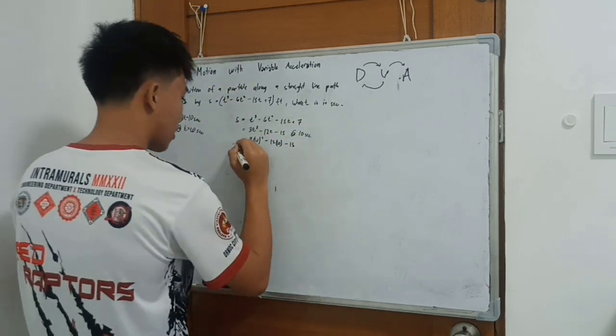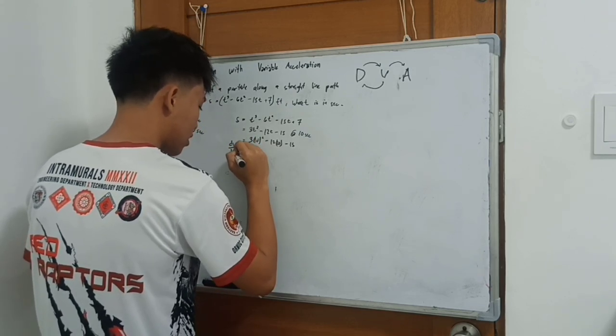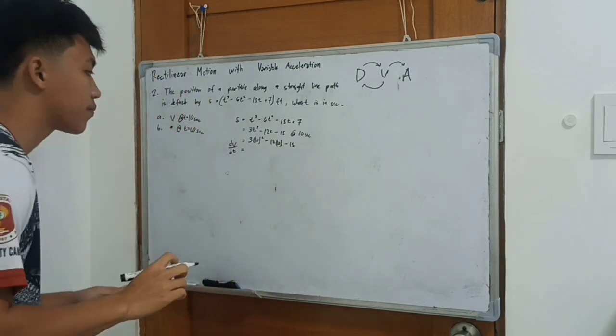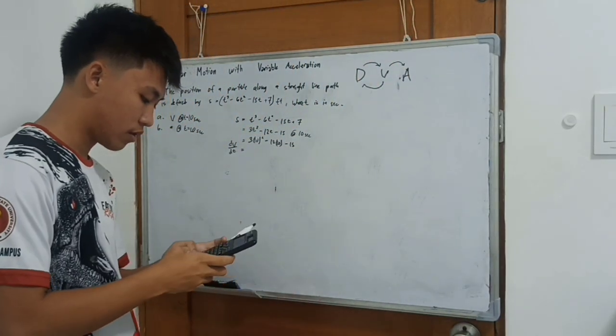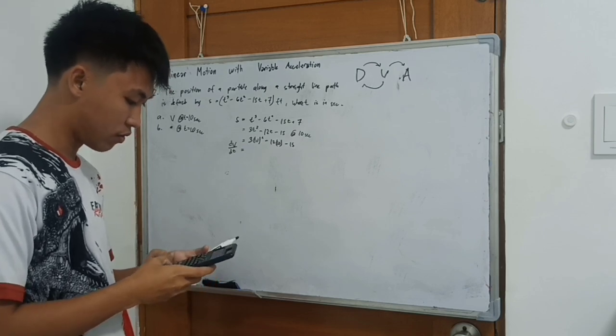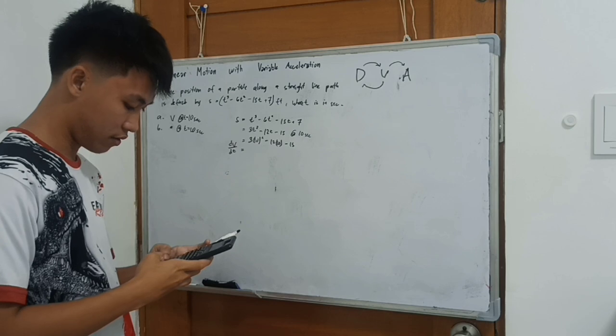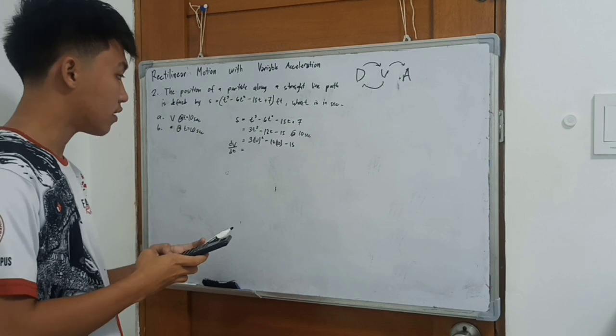So we can get our velocity, ds over dt, is equal to 300 minus 12 times 10 minus 15.